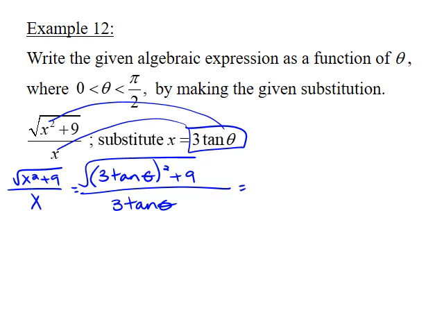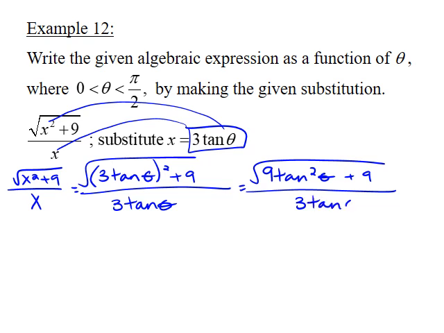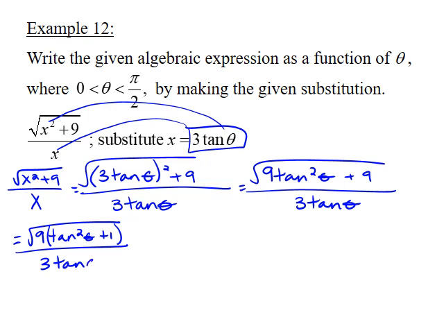I'm going to first square that first term. 3 squared is 9, and then I have tangent squared of theta. Just that is under the radical. The denominator is not under the radical. I'm going to take out a GCF of 9, and when I do, I'm left with tangent squared plus 1 in the top, under the radical.